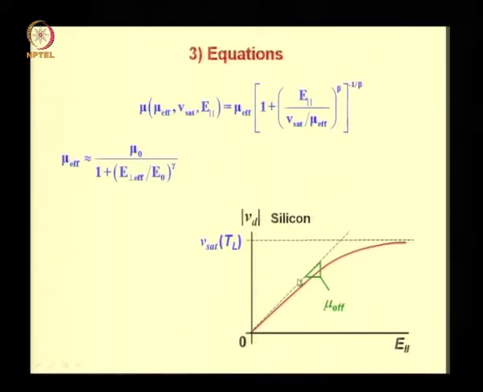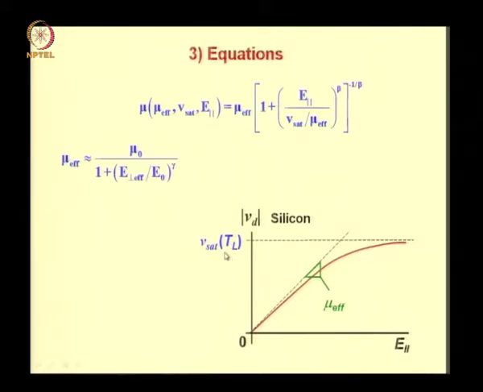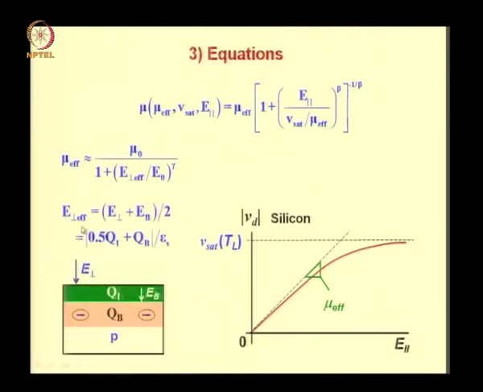The effective mobility is the slope of this drift velocity versus parallel electric field curve for small values of electric field. The effective value of perpendicular electric field is related to the mobility in the inversion charge, right. So, this is the diagram of a MOS capacitor or MOSFET in inversion, in which you have the inversion charge and below that the depletion charge.